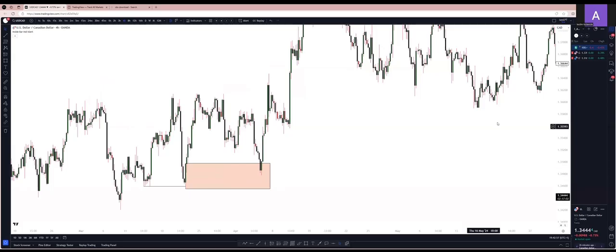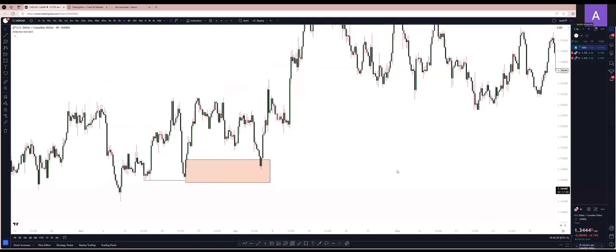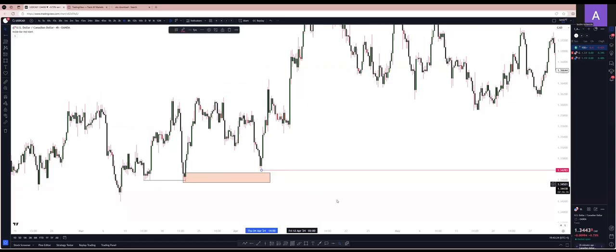And you see, now imagine this: you neglect the fact that this was the candle that was responsible for this liquidity sweep, and you now pick your order block and you mark this particular low as inducement, which is the main swing, right?